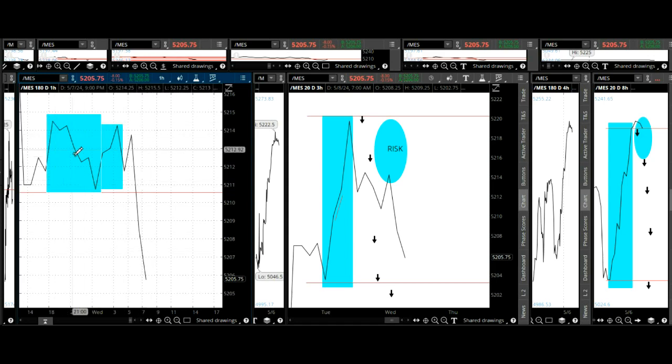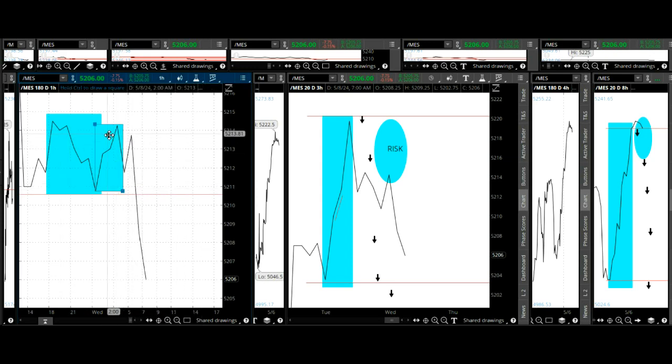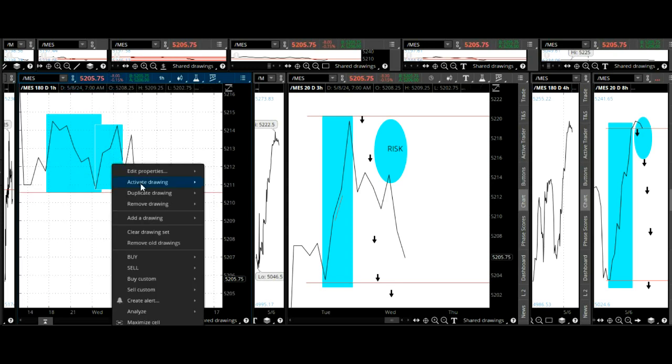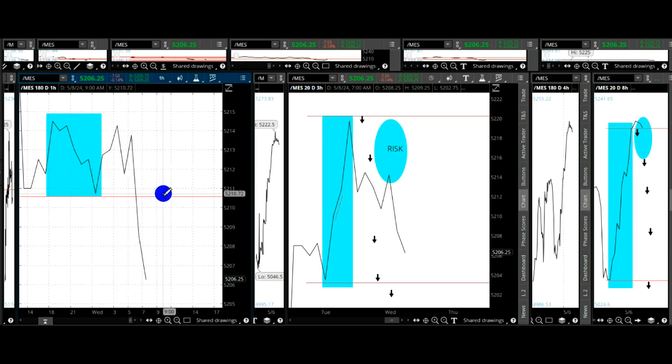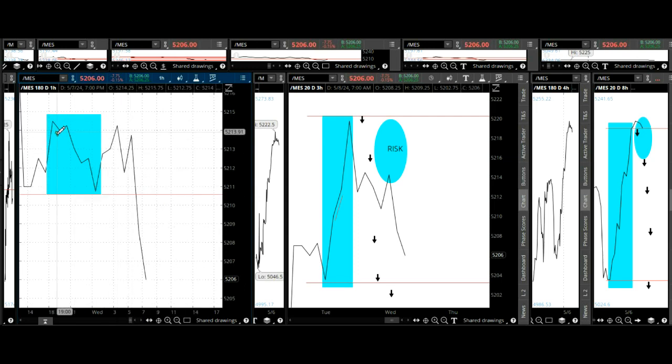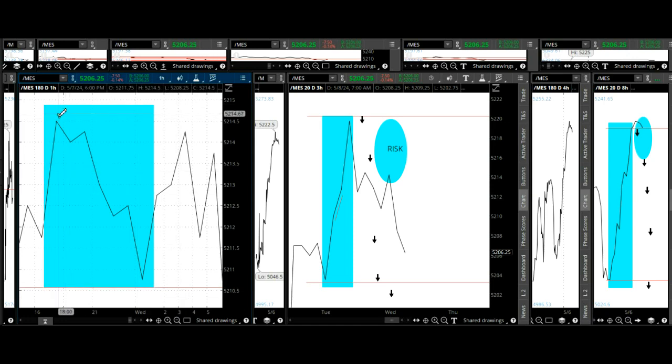So right here we have again a typical growth fractal. How many times have we seen that? One, two, three, four, five.